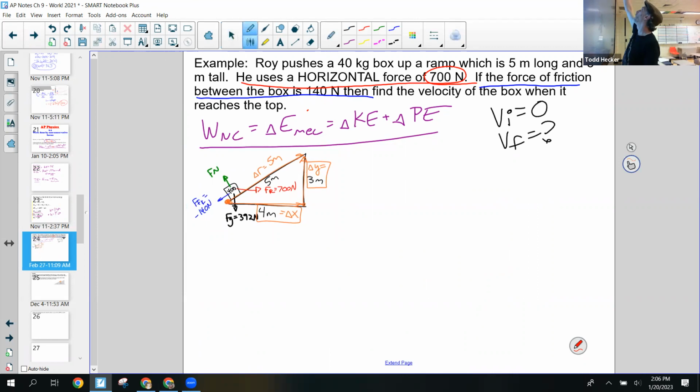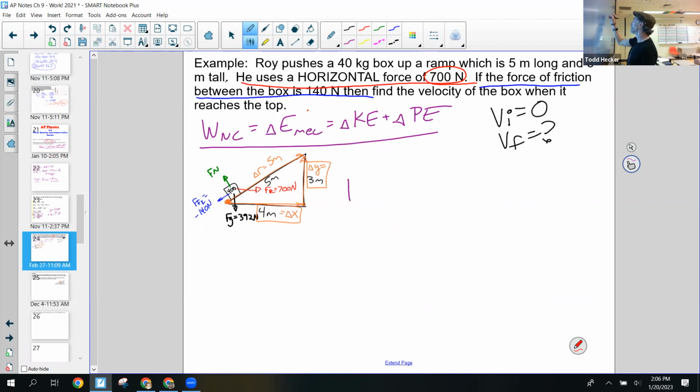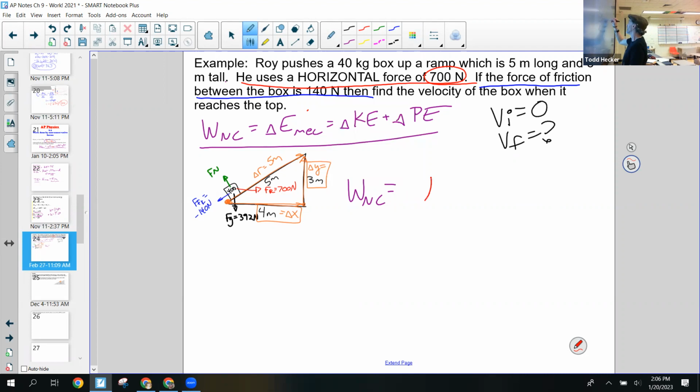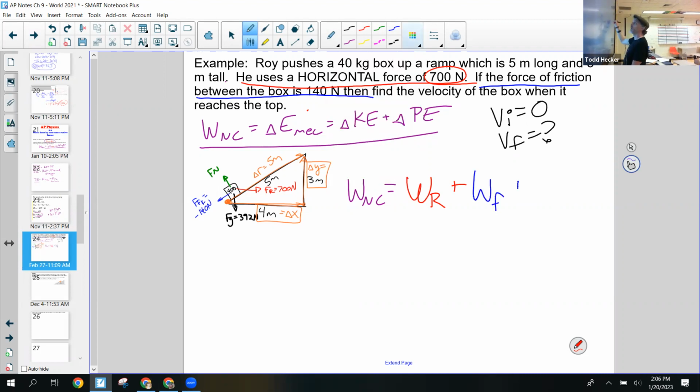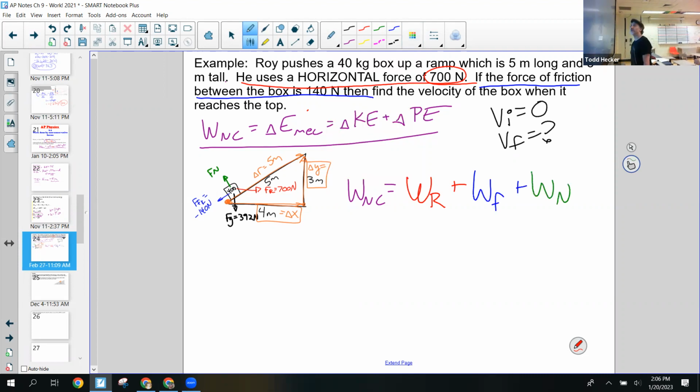So our work done by non-conservative forces is, well, it's the work done by each of the non-conservative forces, which for us is the work done by Roy plus the work done by friction plus the work done by the normal force. And then we don't worry about gravity because that's conservative. Okay, remember, gravity is a conservative force. All right, so let's figure out what we get here.